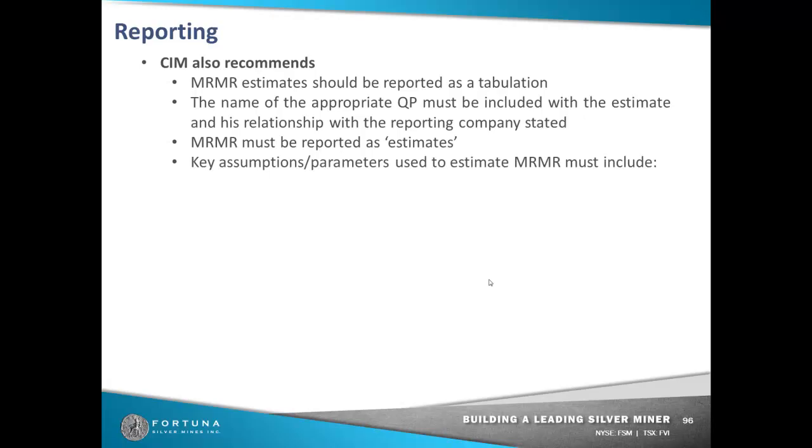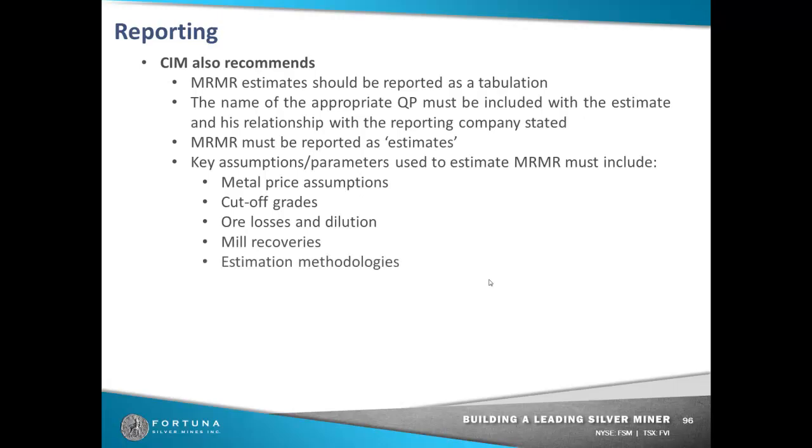And the key assumptions and parameters used in the estimate must include the following: any metal price assumptions, the cut-off grade which is being applied to reporting the resources reserves, what type of ore losses and dilutions are being applied, the type of expected mill recoveries, what the type of estimation methodology is.